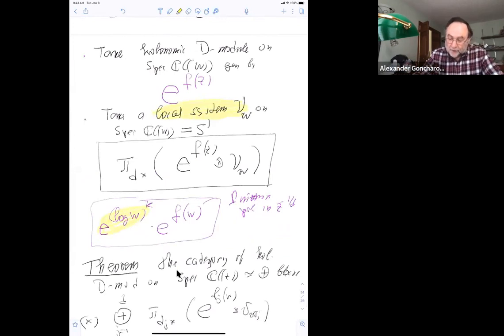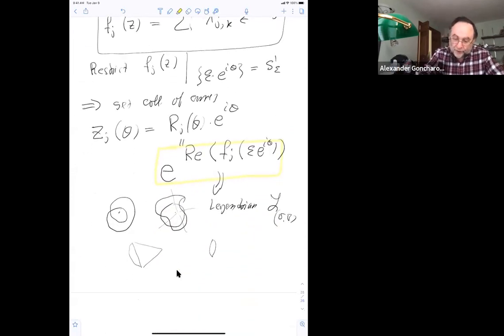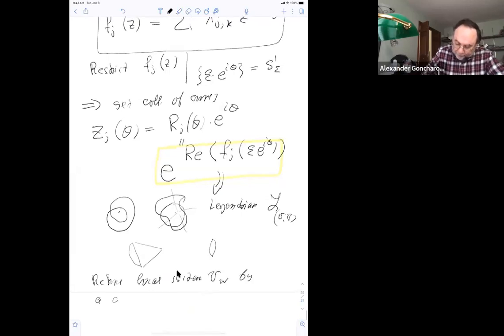And this local system in general is multidimensional. And so in general, we would not get cluster structure just from here. So what we need to do is the usual trick. We need to refine this local system VW by a complete filtration.